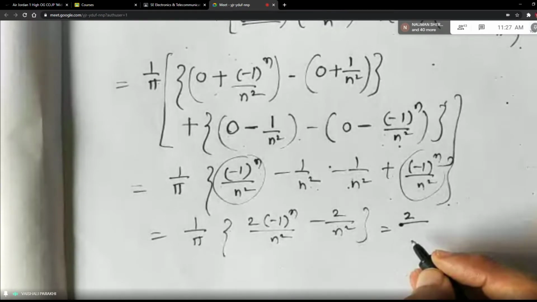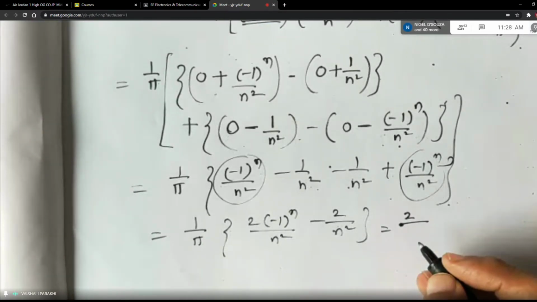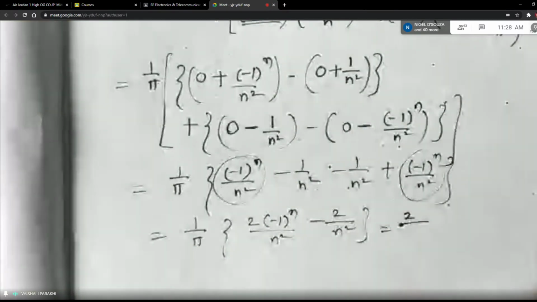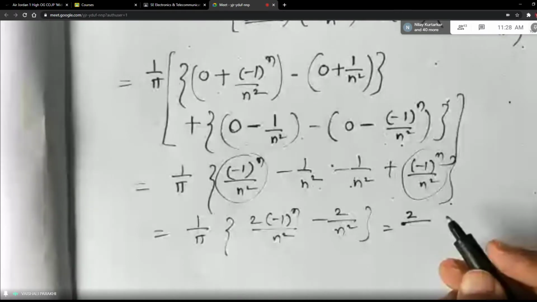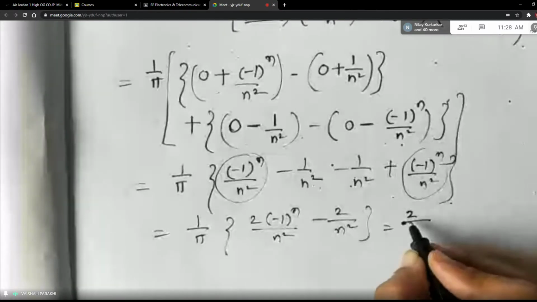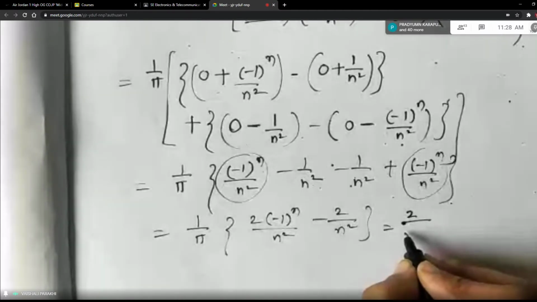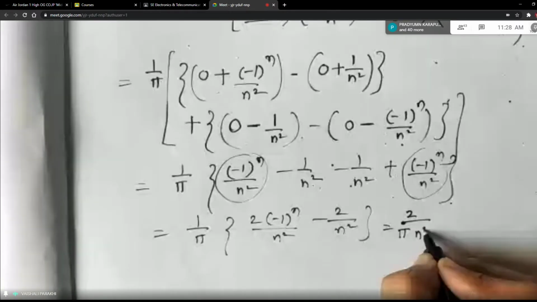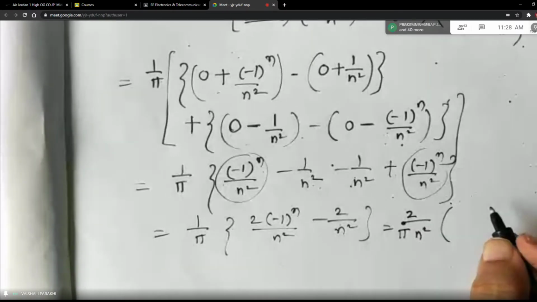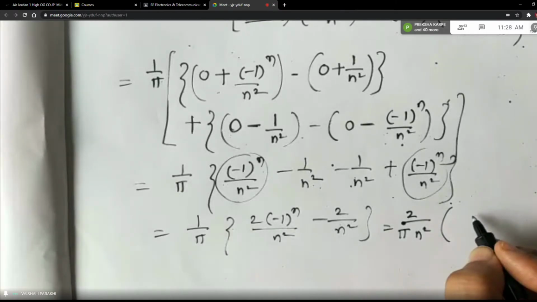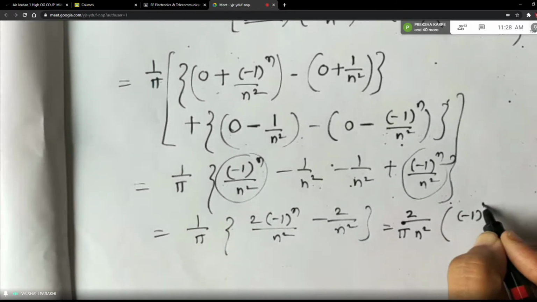And at the same time, if I want to take the minus sign out, then this will become minus and this will become plus. So no point in taking the minus sign out. If you want, you can take it out. So 2 by n square is common. So this pi will remain. So what will be the bracket here? It will be 1 minus 1 raised to n minus 1.